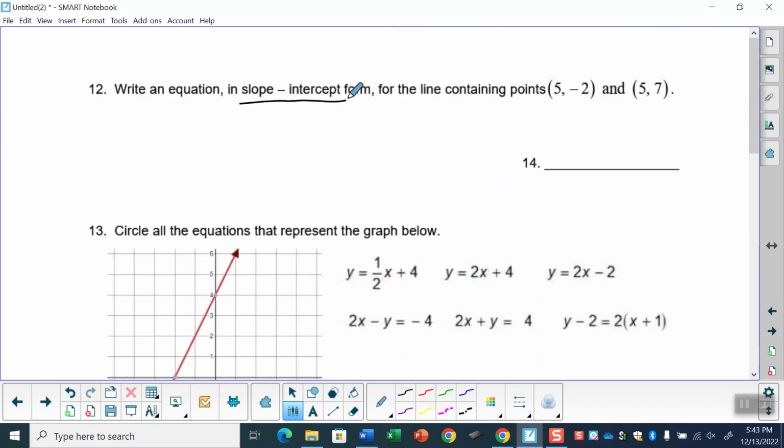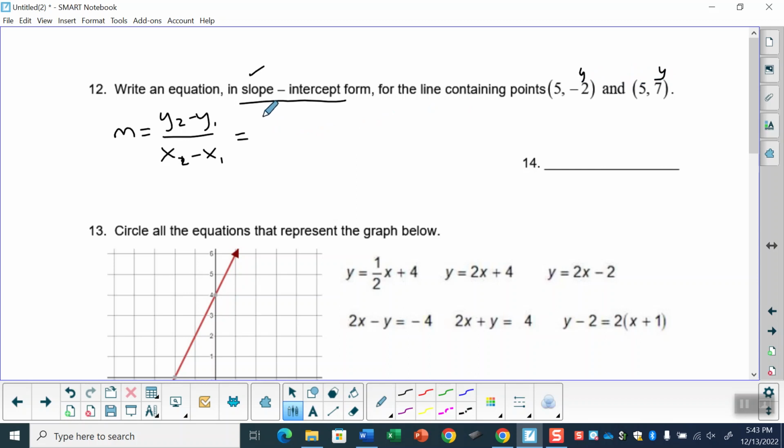Now we're using slope intercept form. So I need to find the slope, right? So I've got m equals y minus y, right? The change in y over the change in x. All right, so that is going to be, these are my y's, right?